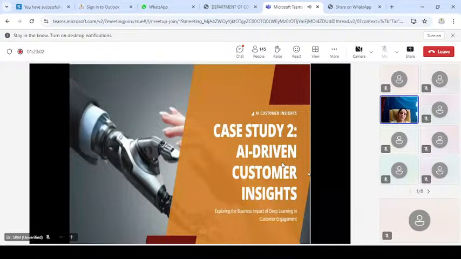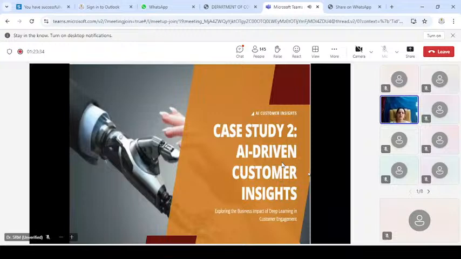So by analyzing data from various sources, such as the purchase history, and so on, engagement strategies can be shaped more precisely and effectively.